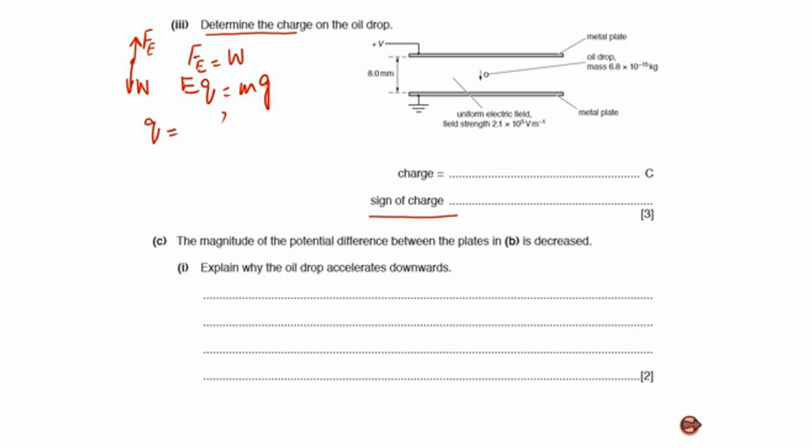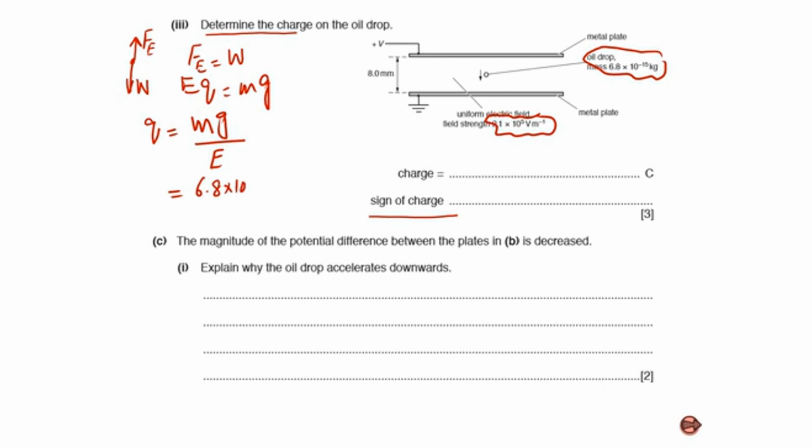So we can just rearrange this: Q equals mg divided by E. We can just plug in values and find the value of charge. The mass is given to us, and the value of E is given, and g is a constant. So we can write down the mass first of all.